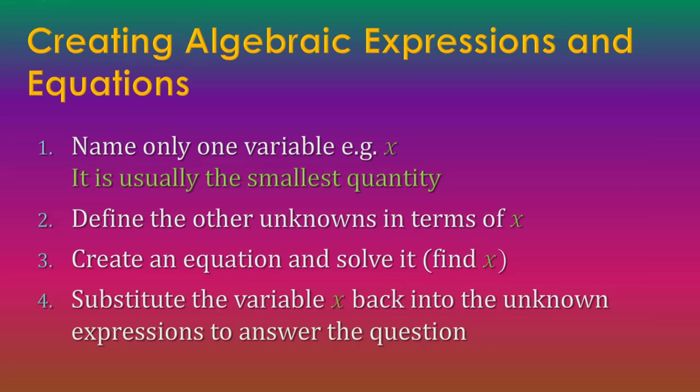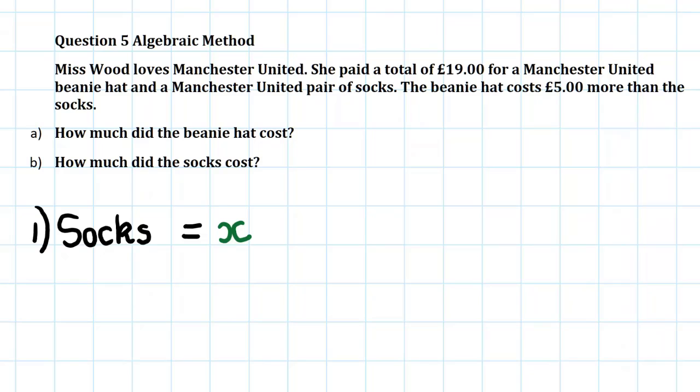Step 2. Define the other unknowns in terms of x. The other unknown is the beanie hat. We don't know the cost of the beanie hat. So step 2 is the beanie, and we define it in terms of x.